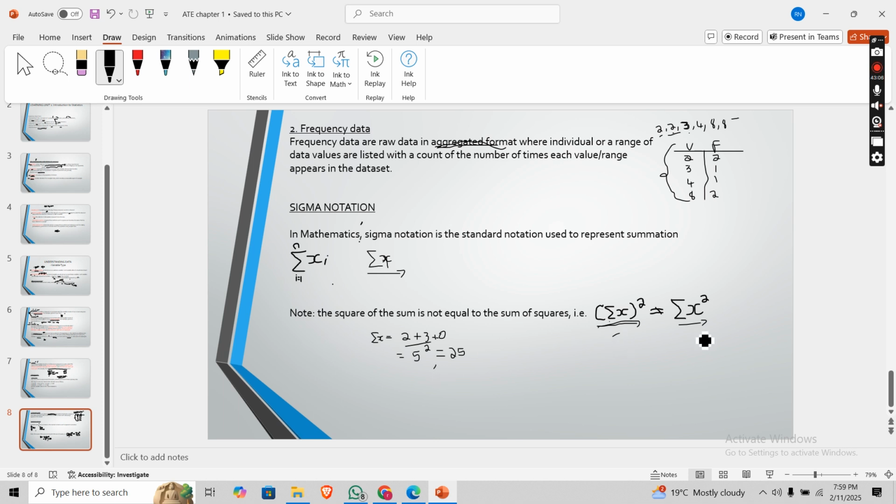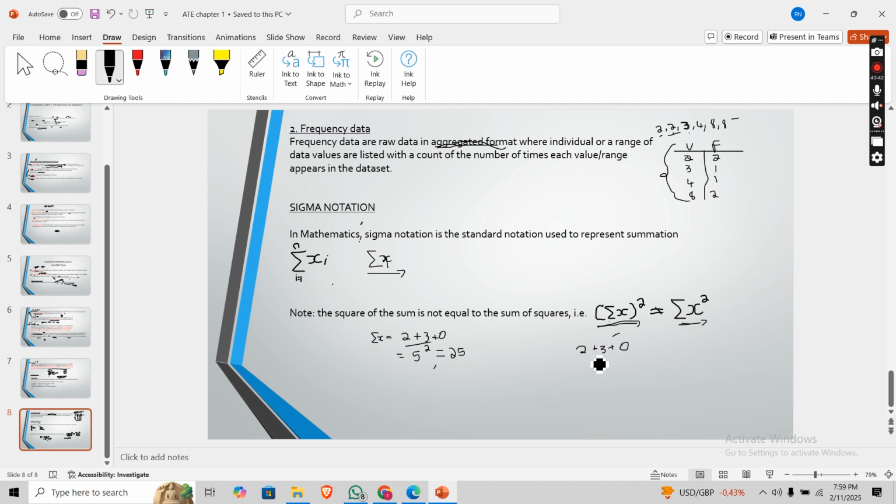Then the second one: the square of a sum is not equal to the sum of squares. The sum of squares is this sign. Let's take, for example, that we are adding 2 plus 3 plus 0.